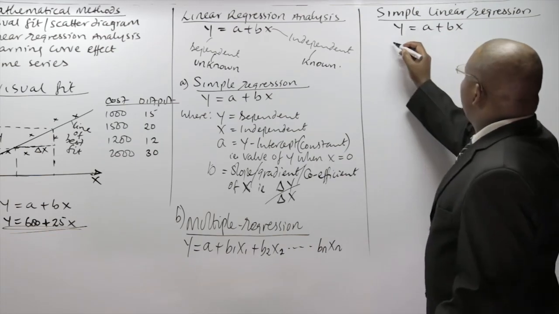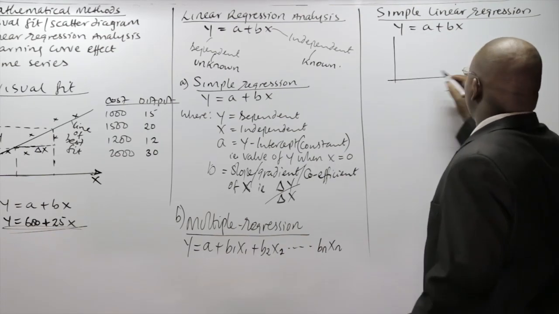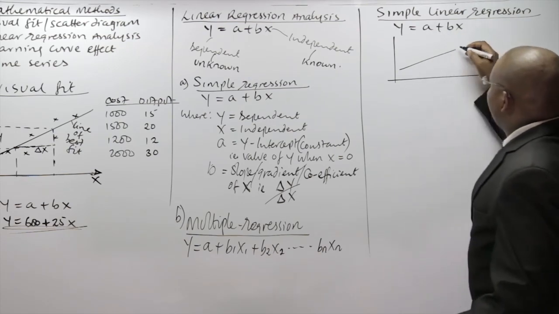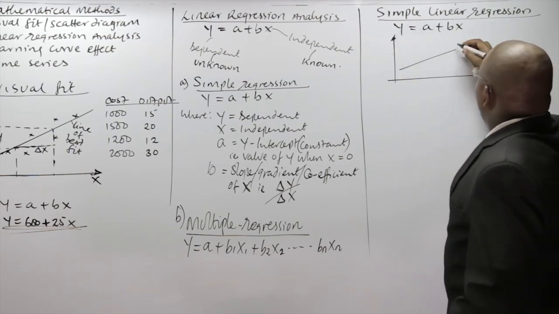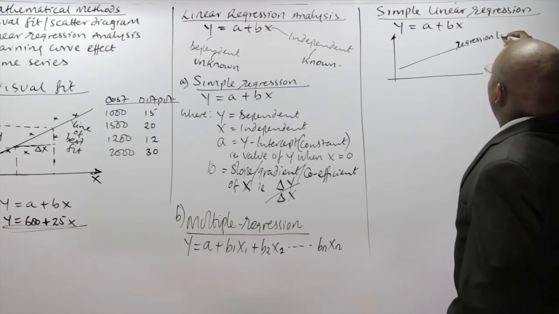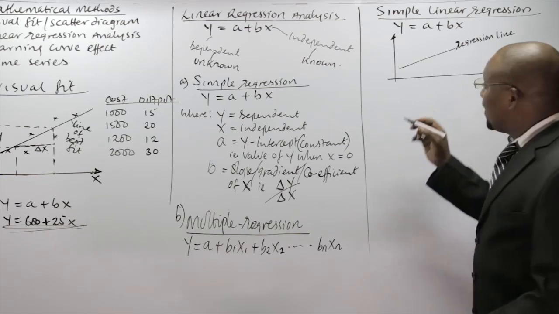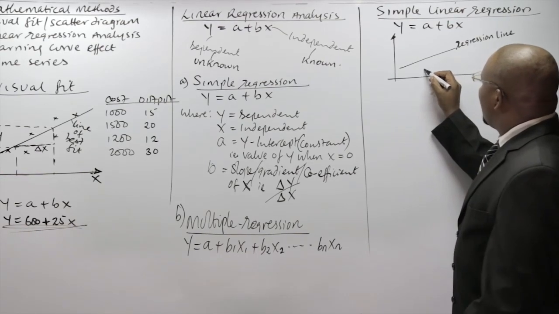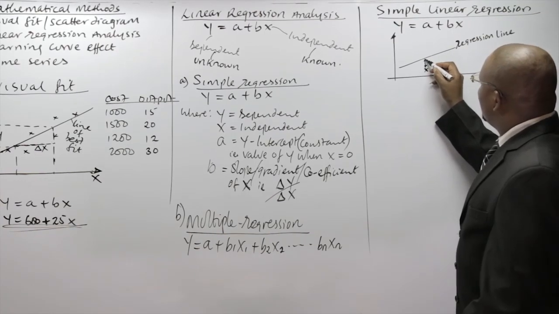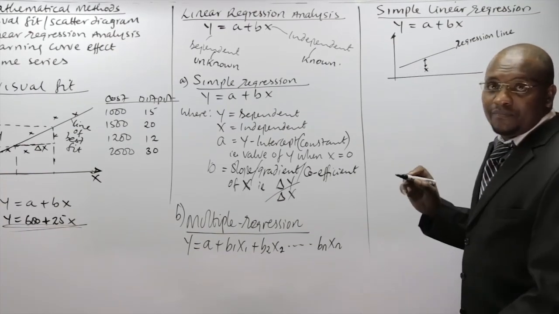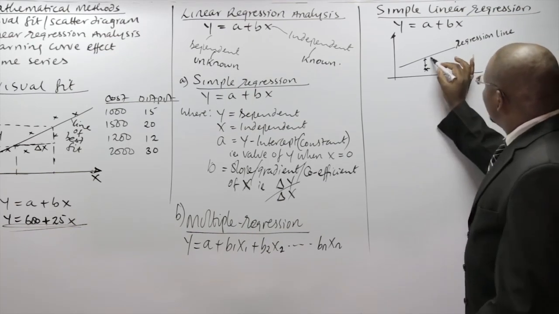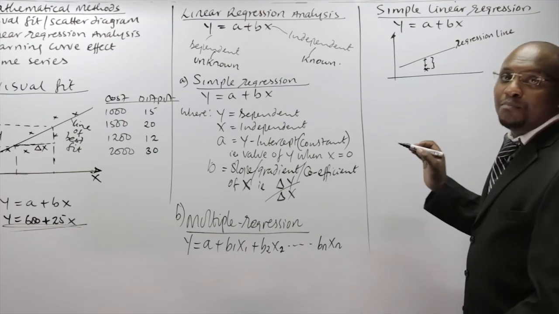If, for example, this is our line, which is now the regression line, we are saying that this regression line is the one that is going to give us the least. If this is our value here, the difference between these two, the line and the variable, which is now our coordinates, that difference we are saying is the least possible.